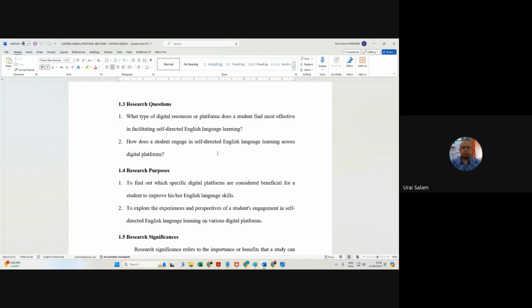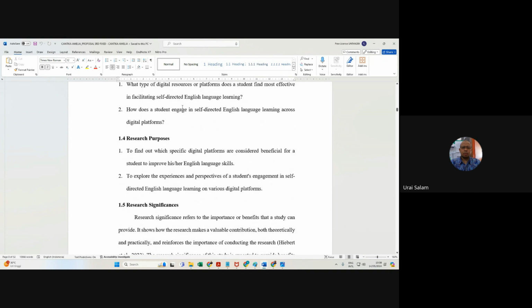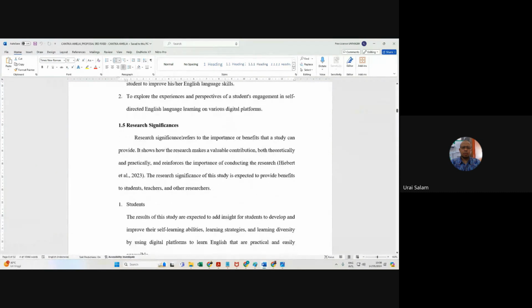For example, the activity of planning, the activity to choose the strategies, or the activities to execute the planning, and so on. So you can have sub-questions, other questions in order to be more specific in this definition. But for the time being, I think these two questions are okay.